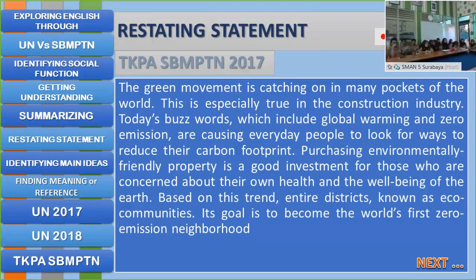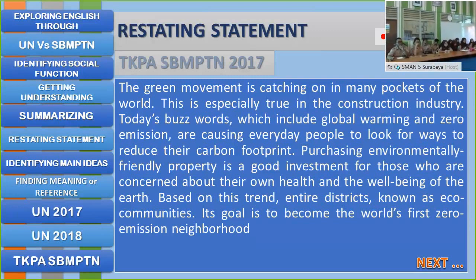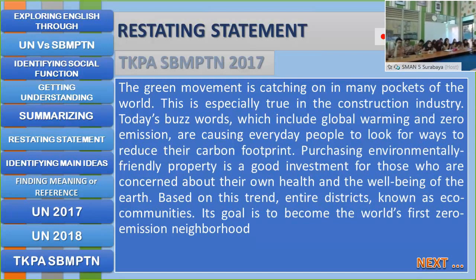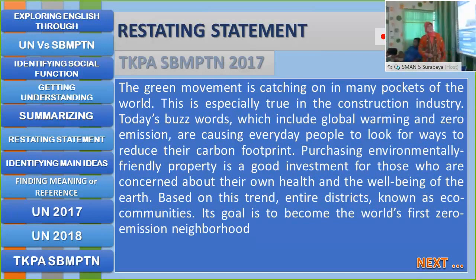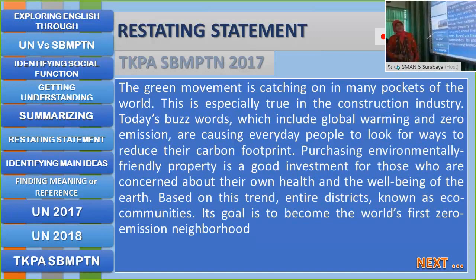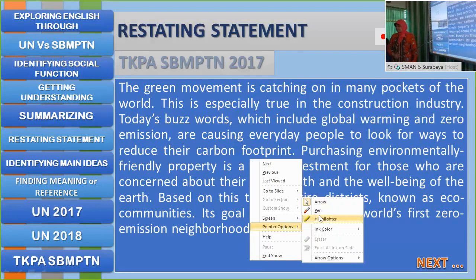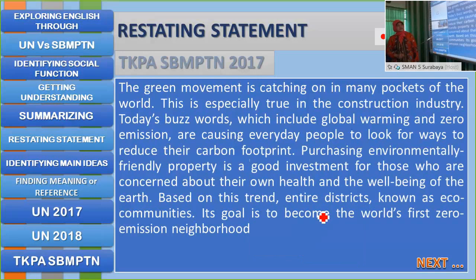Yes. And we still have restating statements, but now for different texts. Now look at the text, try to understand it. Can you guess what the text is about? What is meant by green movement?